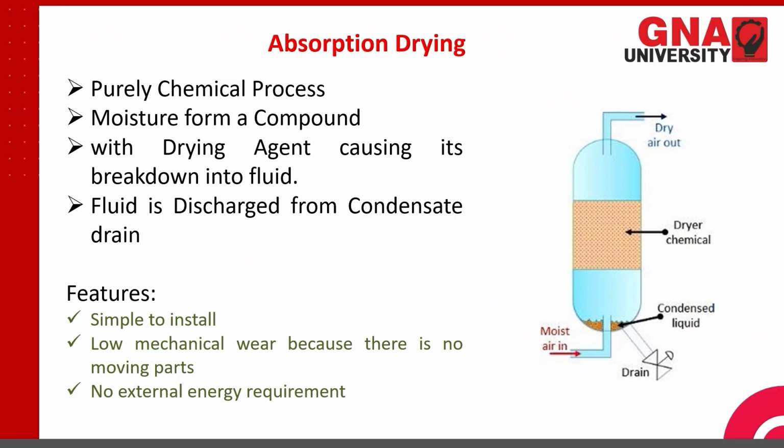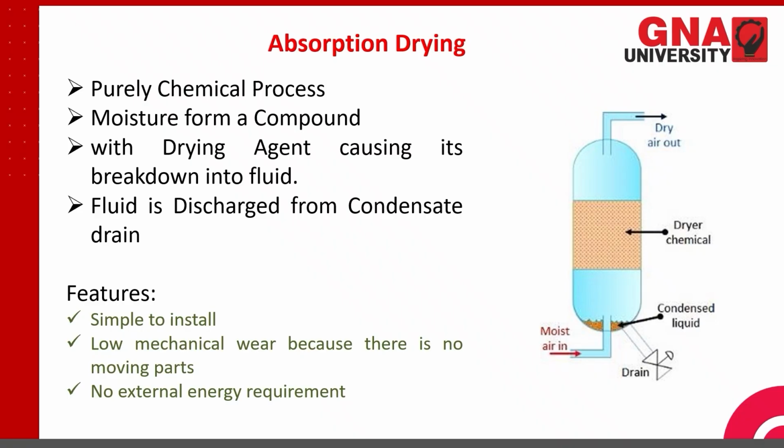The next one is the absorption type of drying. Adsorption is the deposition of water molecules onto the surface of some chemical. Absorption is the absorbing of the molecules by some chemical, and then a chemical reaction takes place and a new compound is made. So it is purely a chemical process.